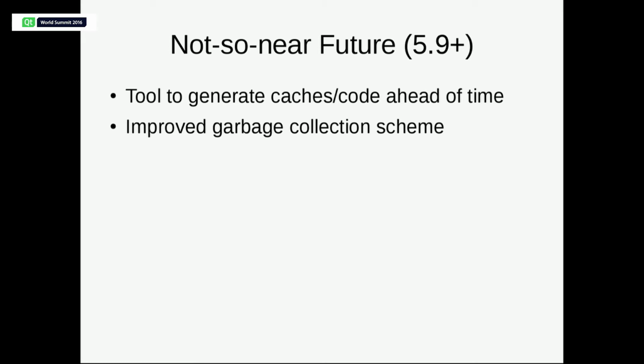But the intent is to consciously introduce a compilation step in the development workflow. Currently you just write your QML files, you start your application, and it does these things behind the scenes.